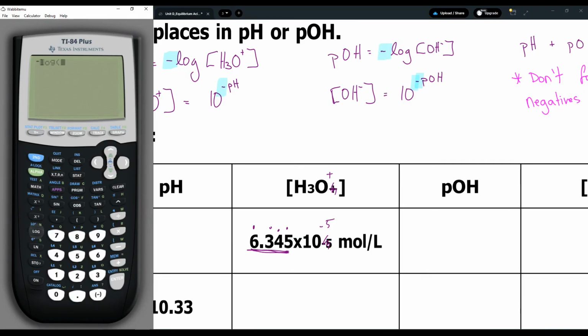So negative log and then 6.345. Second function log to get the times 10 to the power of negative 5, hit the right arrow to get out of the exponent, close the bracket, hit enter, so I get 4.1975.